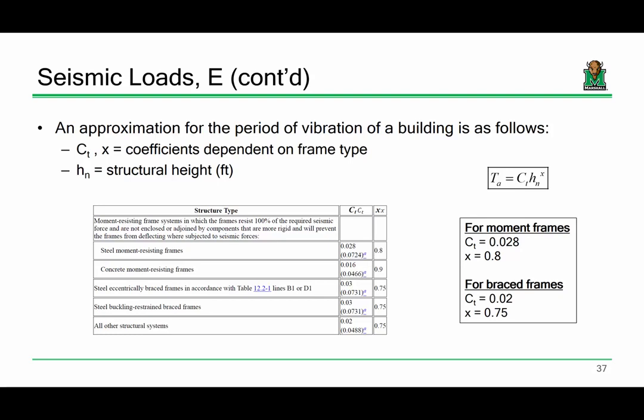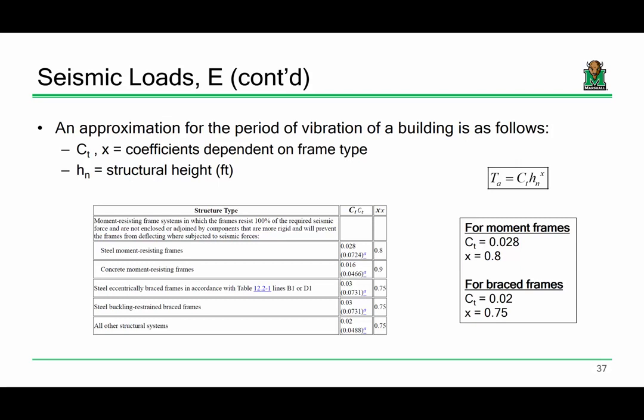Fortunately, the spec gives you a means of computing approximate periods of vibration, so it's pretty straightforward. All you need are three things. Two of them are constants depending upon the type of frame that you're looking at. So whether you're looking at a braced frame or a moment frame, I think it would stand to reason that braced frames versus moment frames are going to vibrate differently.